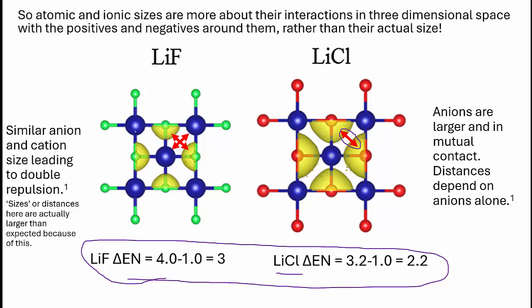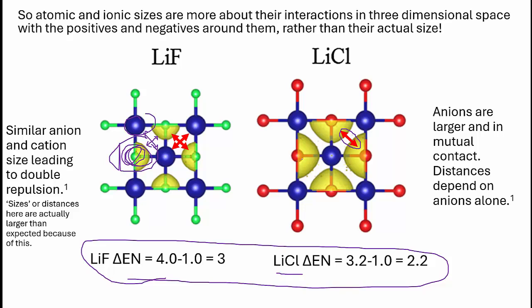If the ions are of more similar size, so the fluoride is much smaller than the chloride, you actually get these repelling as well. The electron clouds of the cations and the anions start to repel each other, and that gives a much larger distance than you would expect. They call that double repulsion in the journal reference that I've got there at the end. You can see that this has actually got nothing to do with the size of the ionic or atomic radii.